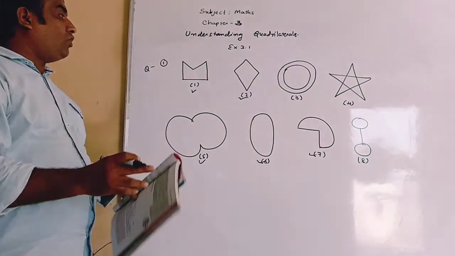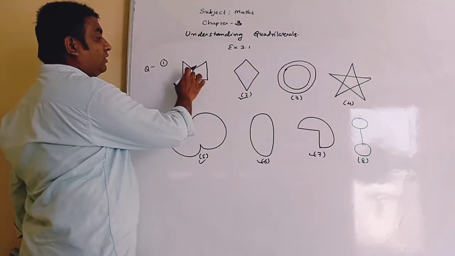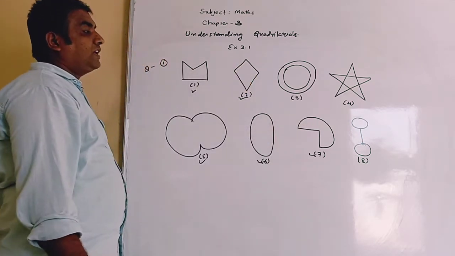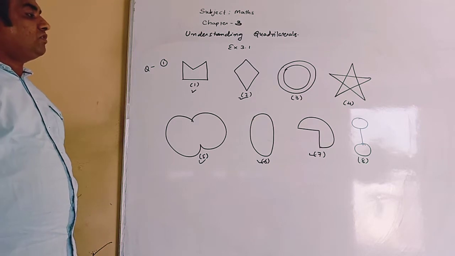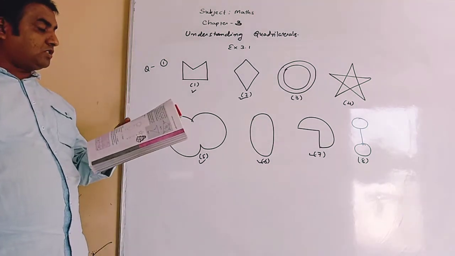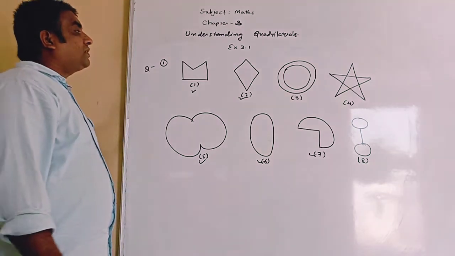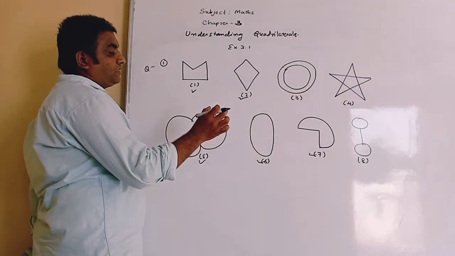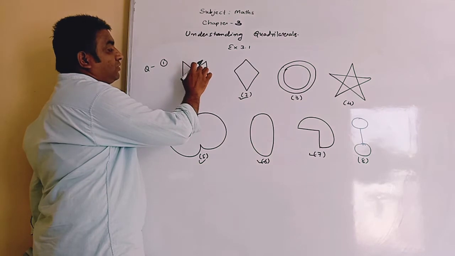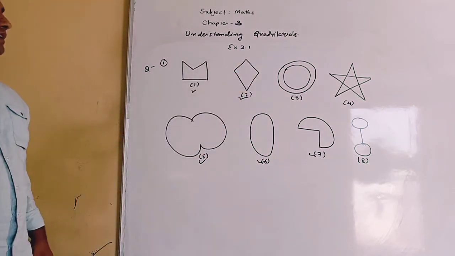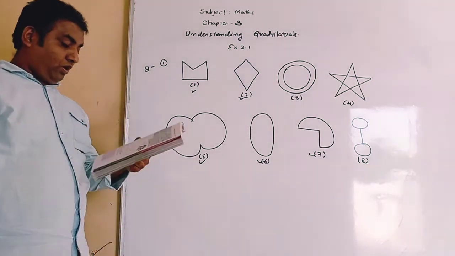Then simple closed curve. So again 1, 2, 5, 6 and 7 are closed curves. So we can see that 1, 2, 5, 6, 7 are the simple closed curves. Polygon. Polygon means made up of line segments only. So here 1 and 2 are made up of line segments, so they are polygons.